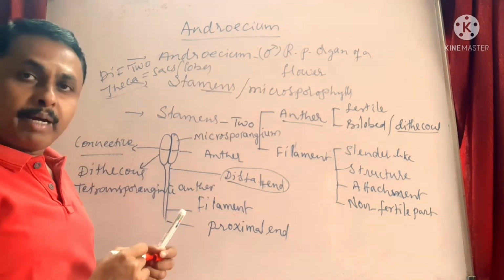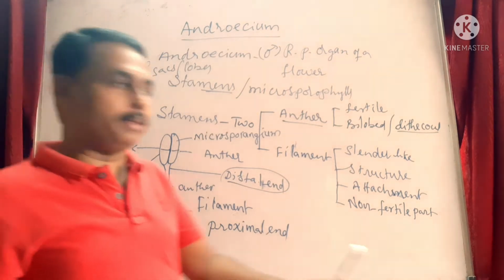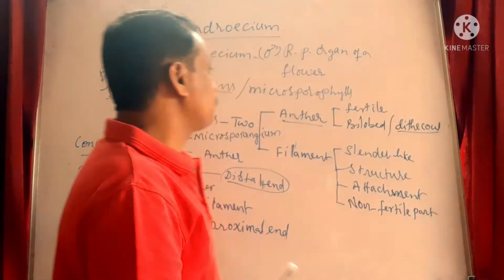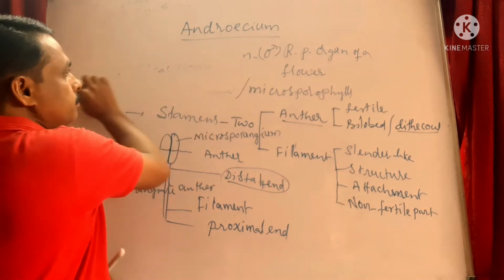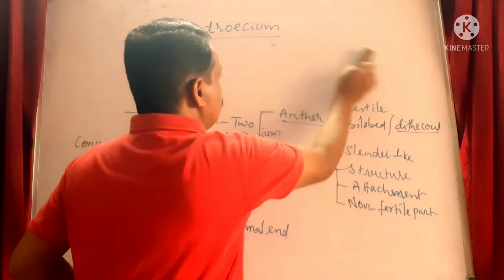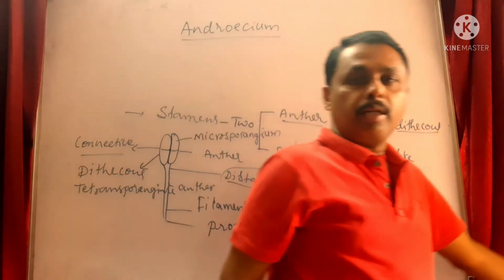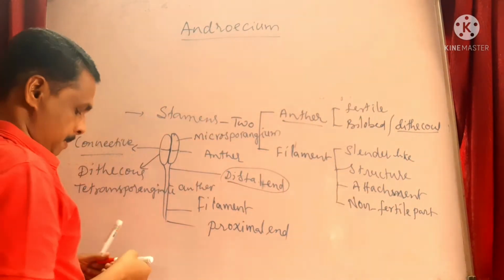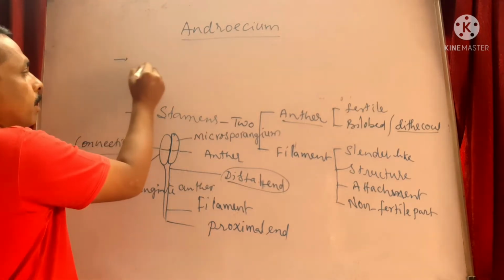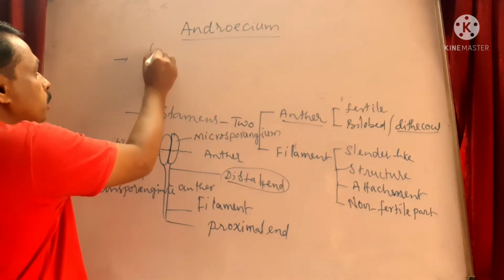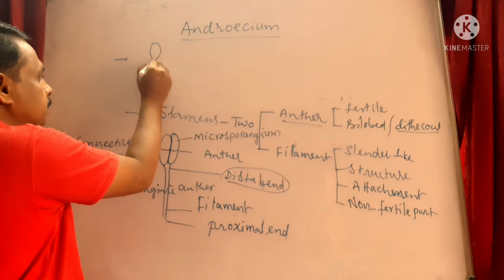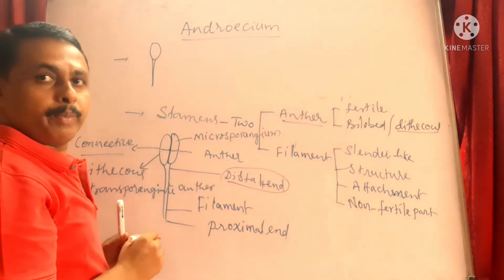In some members, like Malvaceae members, we can see monothecous anther. That means a single-lobed anther is present.